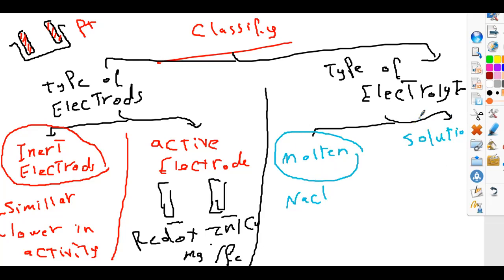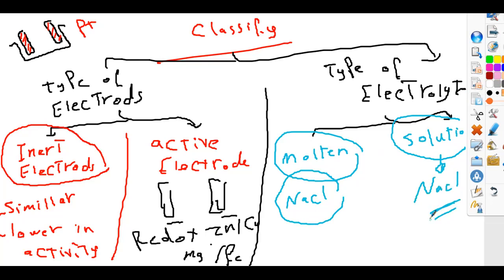Let's ask the question: why do we classify those as two different states? Why don't we consider them one state? Because each one of them will give a different result in the electrolysis process. Molten NaCl in an electrolytic cell will give a different result than the aqueous solution of NaCl, and we will see that later.